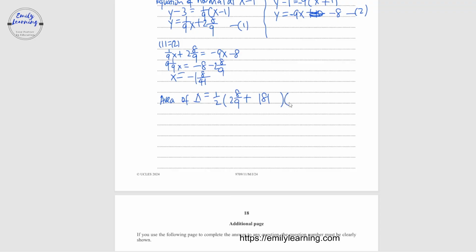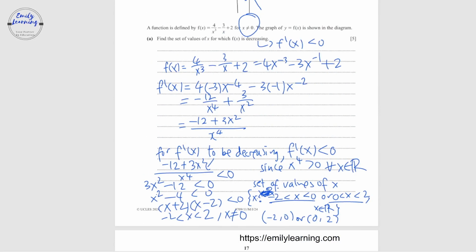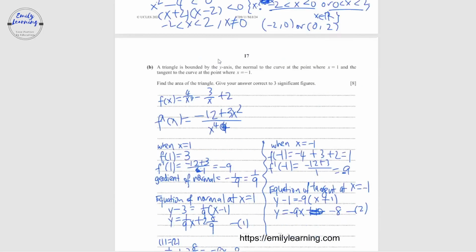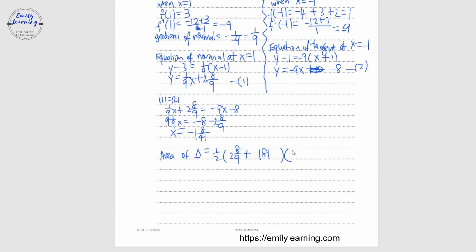Then the height is basically the x coordinate of the point of intersection, and we have already found it's 1 and 8 over 41. Because we are finding area, we do not need the negative. So this one is half times 10 8 over 9 times 1 and 8 over 41. I'll just type everything into the calculator.